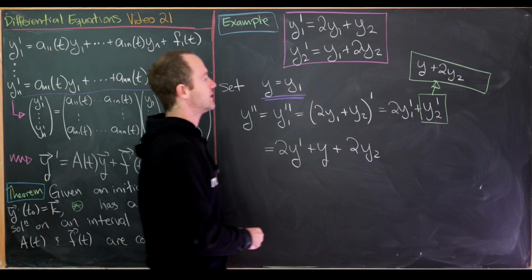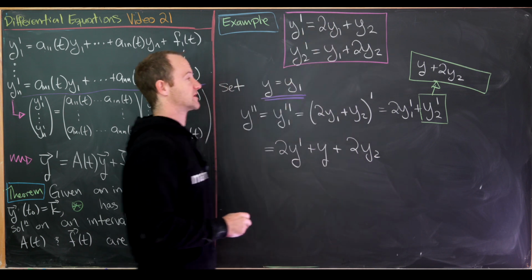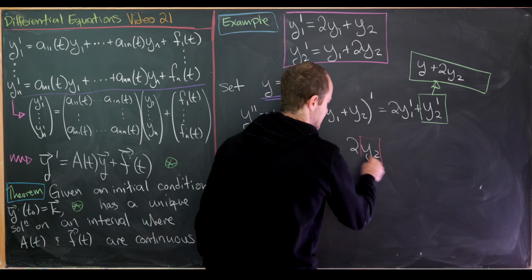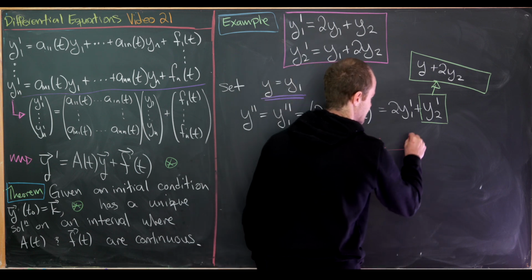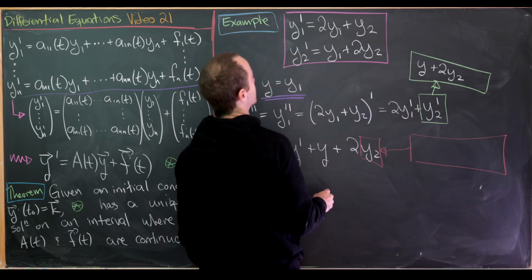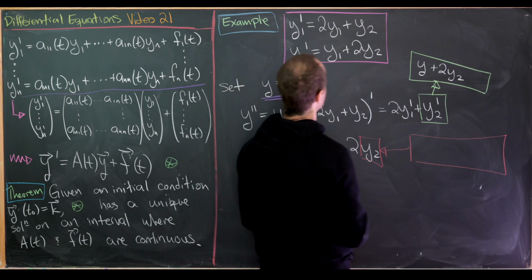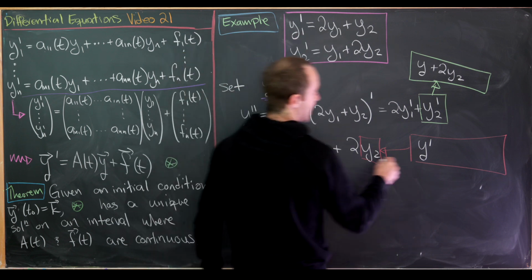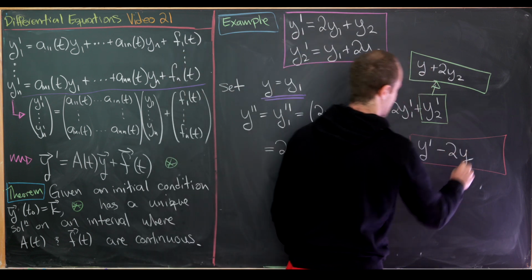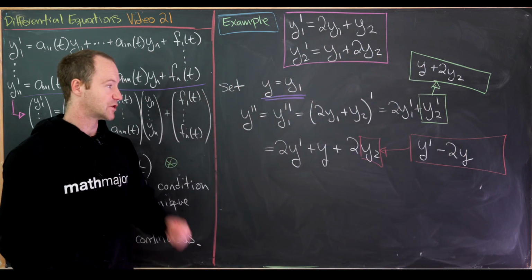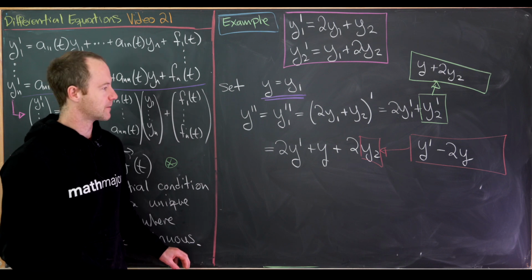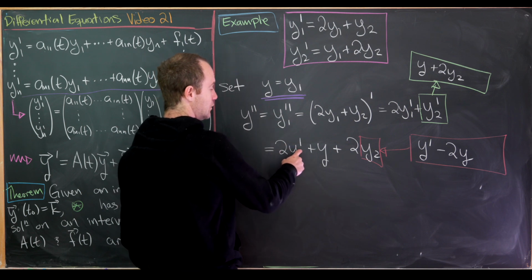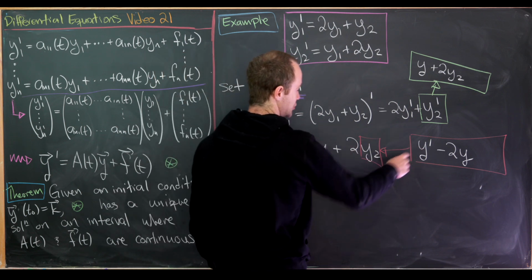Then what can we do with this y2? Well, let's note that we can use the first of our system of equations to rewrite that. So let's take this y2 and replace it with y1 prime, which is y prime, minus 2y1, which is minus 2y. So we're left with something like that. Okay, so now let's see what we have in the end. We'll have 2y prime plus another 2y prime.